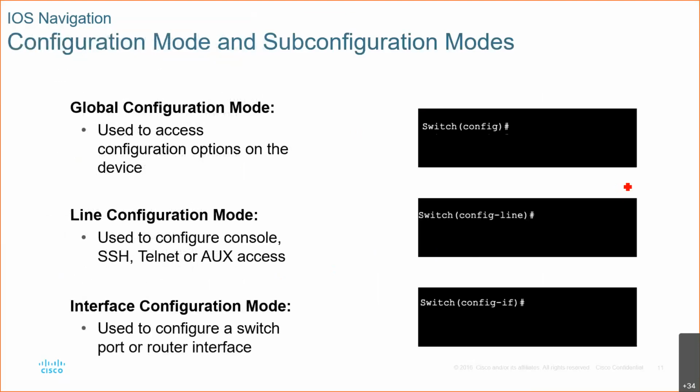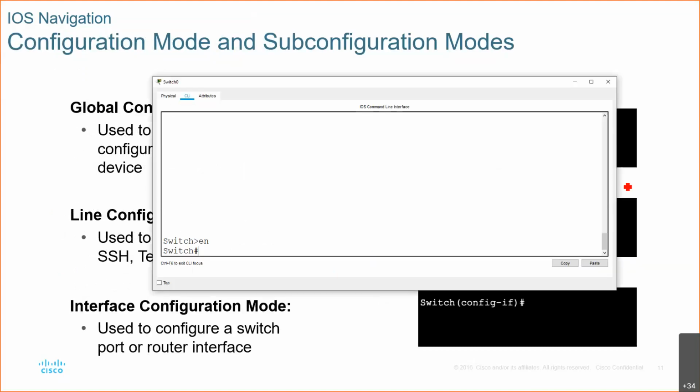You can also give configurations. In order to go to a configuration mode, you have to type something known as configure terminal. These are some basic commands, my dear students, that you have one week to prepare until next week, before you do your lab.